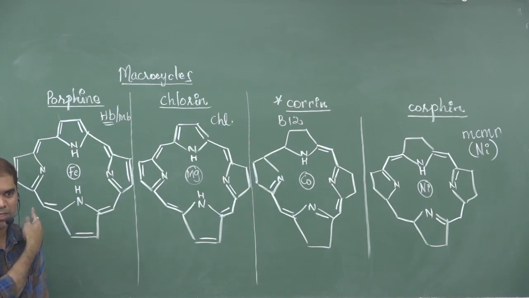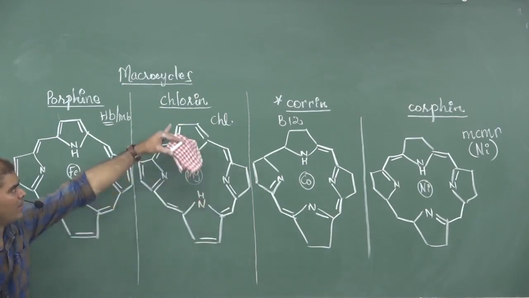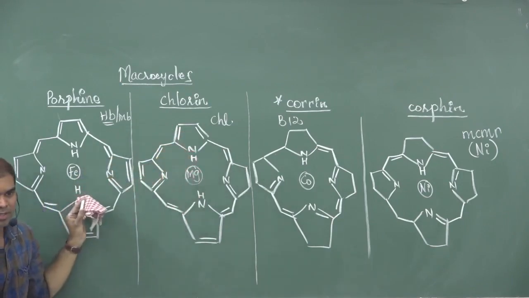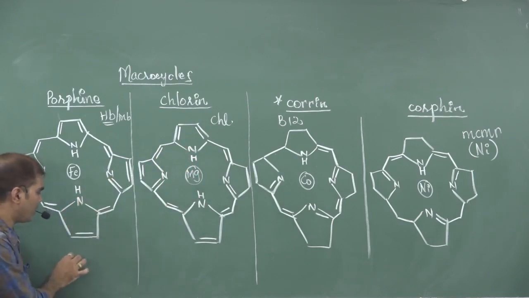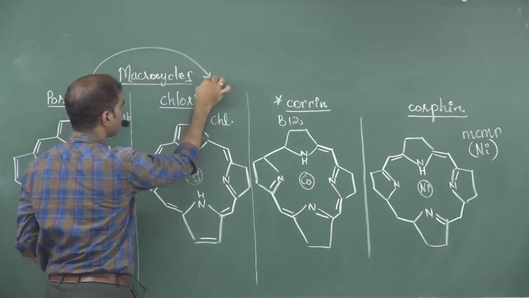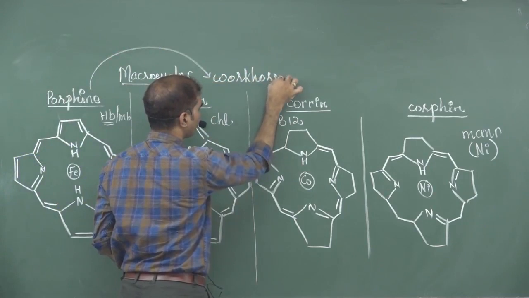Porphine is called the workhorse, because most of the biological proteins contain porphine in comparison with chlorin, corrin or corphin, which are found in lower quantity. Therefore this is called the workhorse macrocycle.